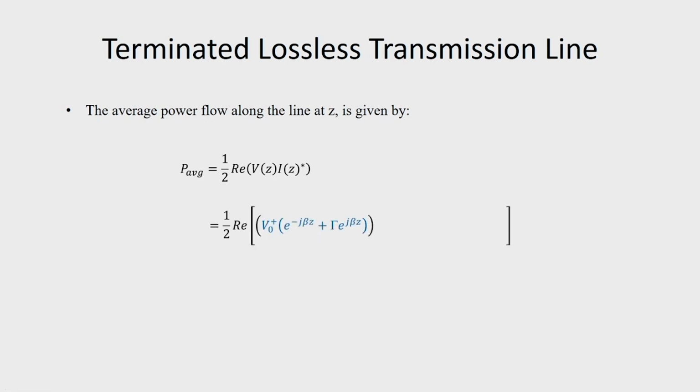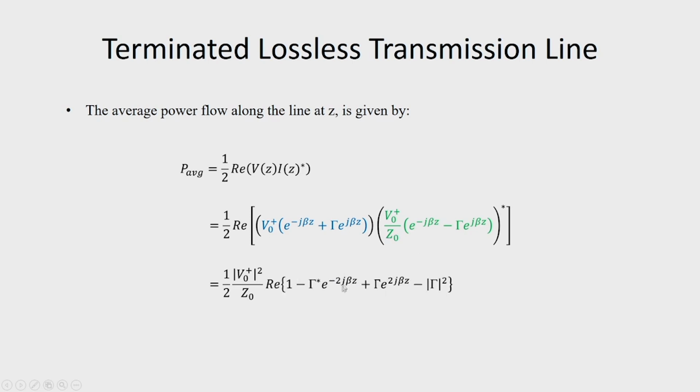And once we substitute the expression for the voltage and current phasors in terms of the forward, the incident and the reflected waves, we can write this equation. And then we can further simplify it and get a form which is shown here.